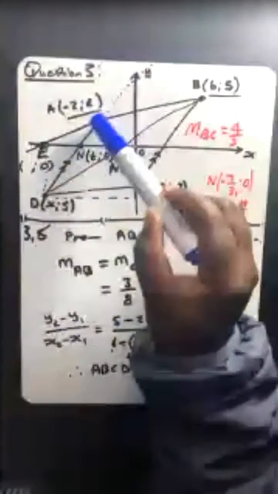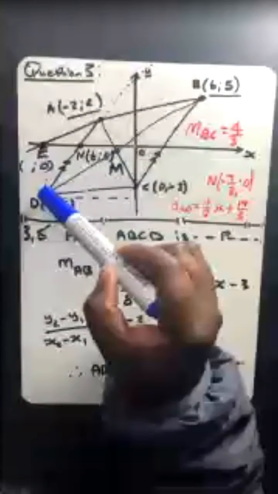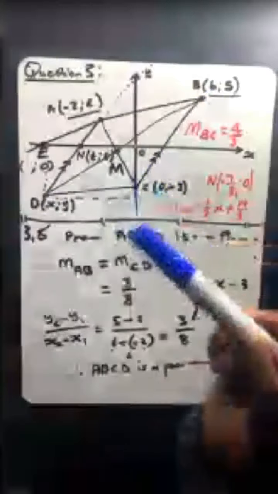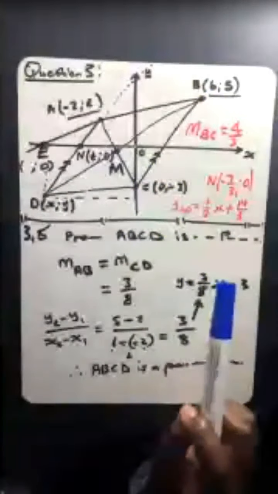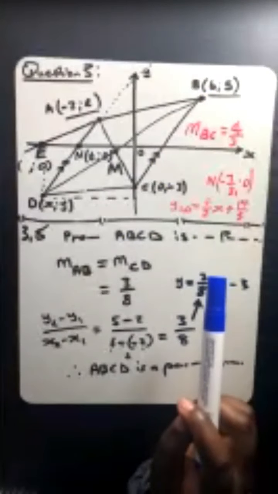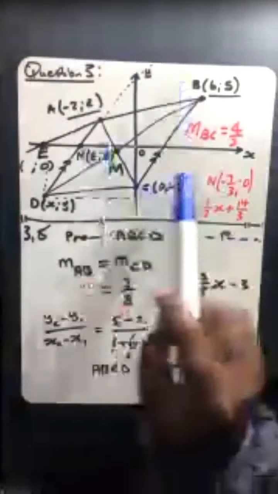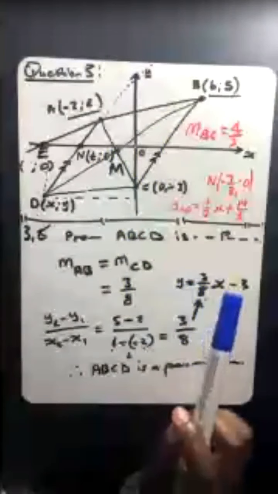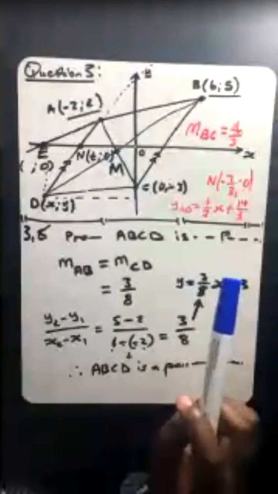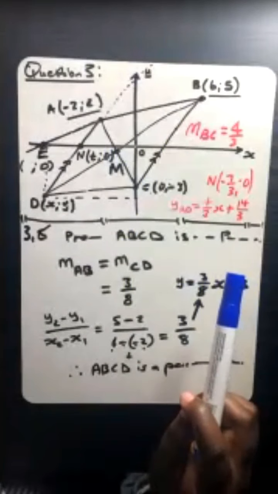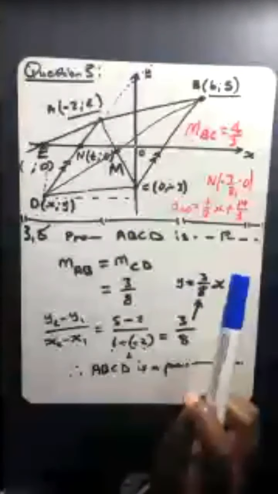So in short, the length of AD must be equal to the length of BC, or in terms of the distance. In that way, you are able to prove that this is a parallelogram.